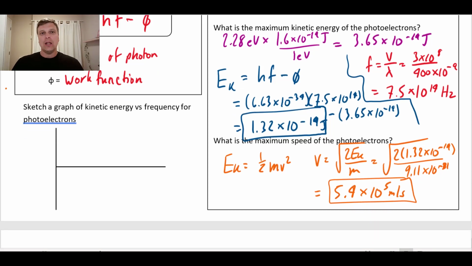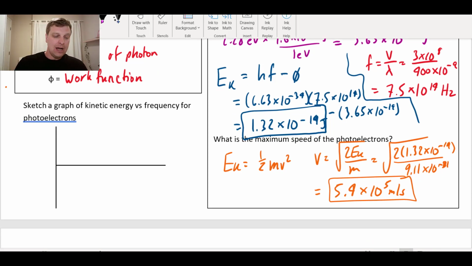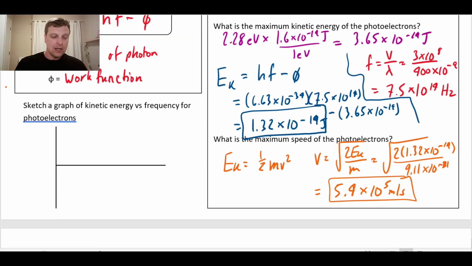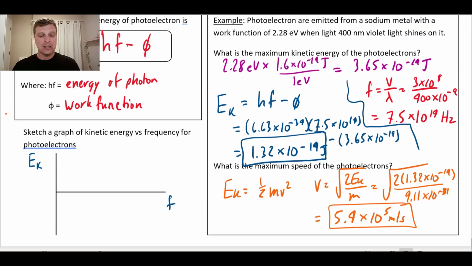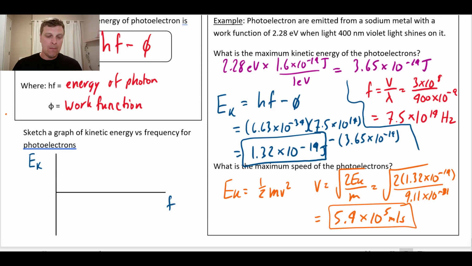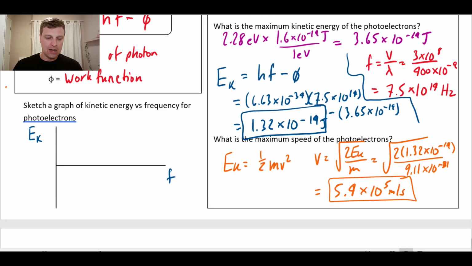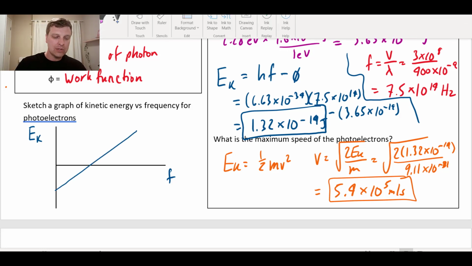Let's just think really quickly about what a graph of energy versus frequency is going to look like for the photoelectric effect. So if I plot a graph of kinetic energy versus frequency, we'll notice that it is a linear relationship, but I have a y-intercept that's going to be negative. So it's going to be a straight line, and it's going to look like that. So what are the interesting points on this graph?